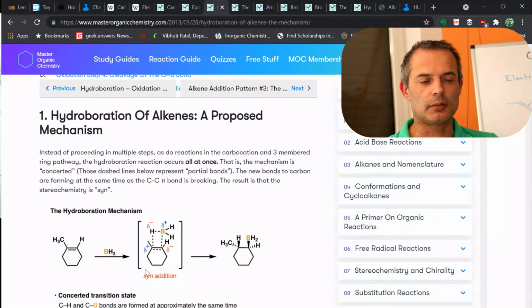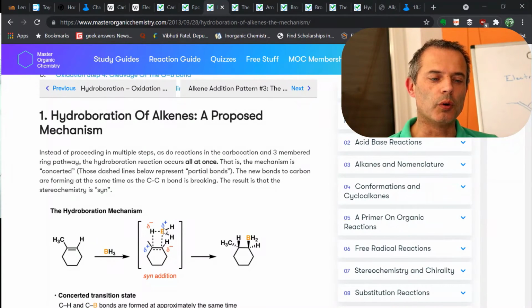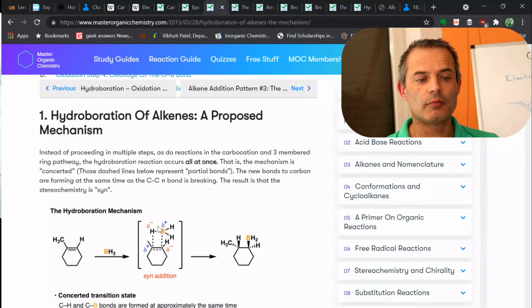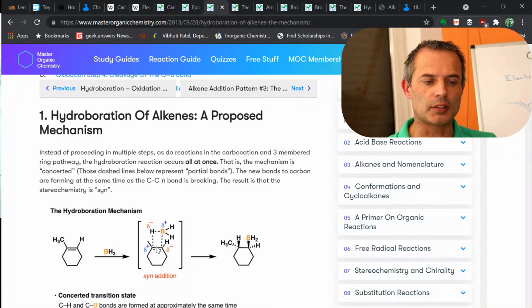So looking at hydroboration, this is the one that is different. It appears to be different from the results, but again, it's doing something very similar. The boron is being attacked by the bond, making the positive charge on the place where it's most likely to go, so that would be the most substituted one. That's exactly here.